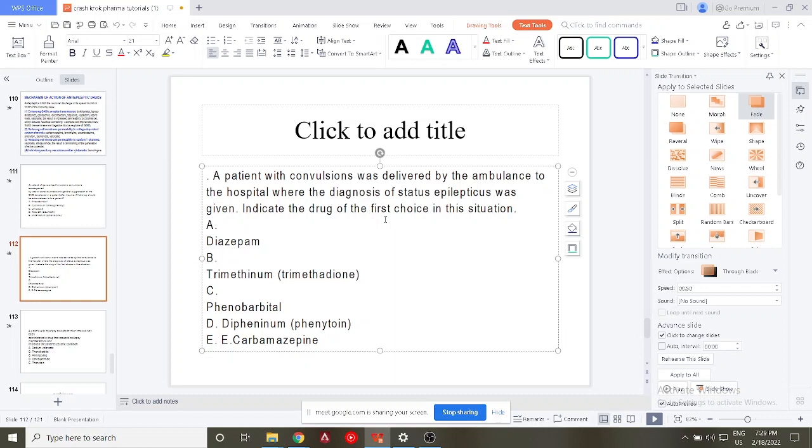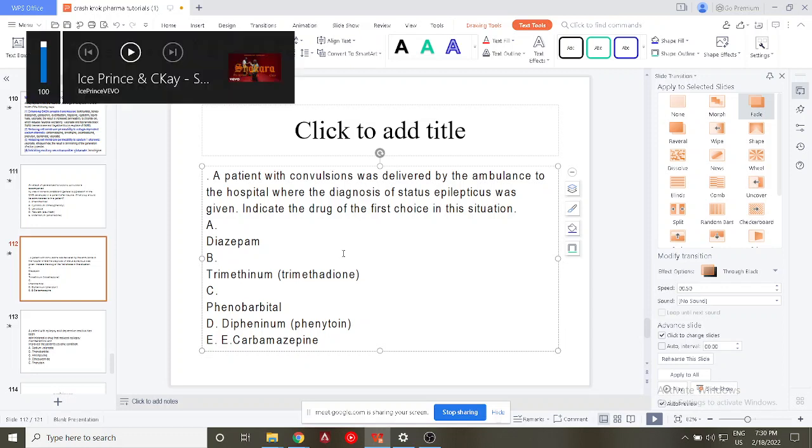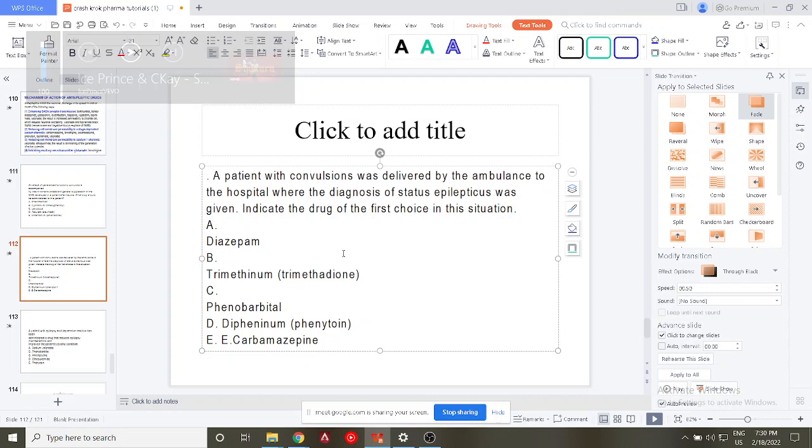Phenobarbital is also an anti-epileptic drug. So why can't we give it here? Anyone? I just want to hear your ideas. Nobody has an answer. And the patient is already convulsing. So you give the diazepam to relax the muscles first before any other drug.